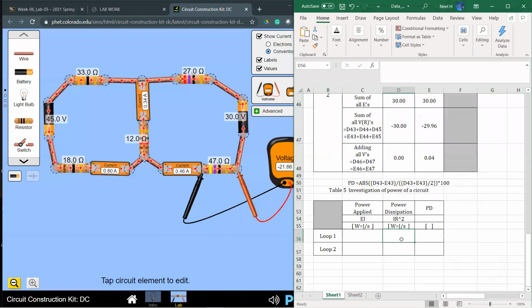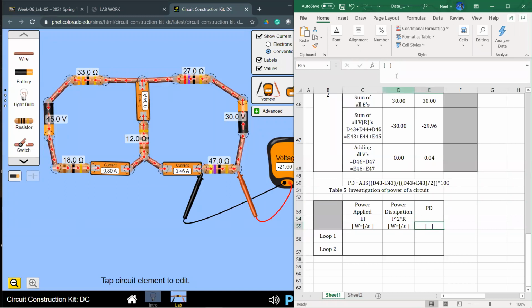Yeah, this equation right here should be I squared R. You need to correct that, okay? It should be I squared, let's do times R. For the power given, we can just say voltage times the current, and for power dissipation, we do I squared R.